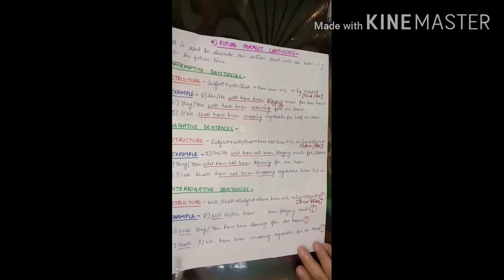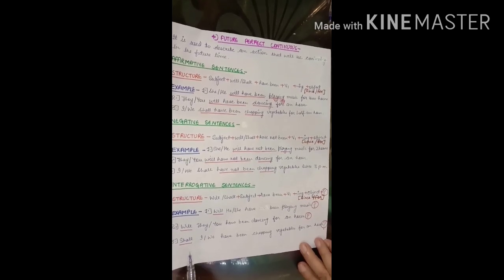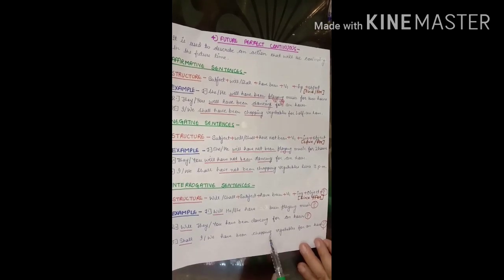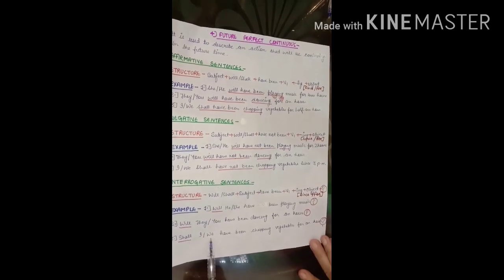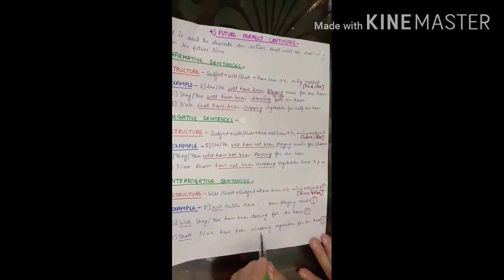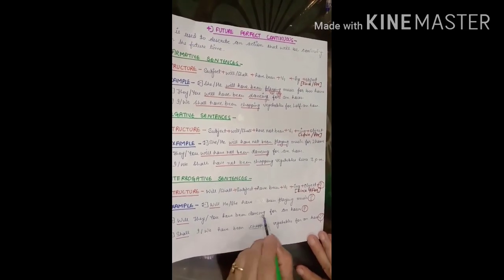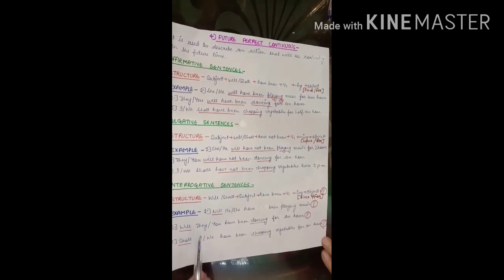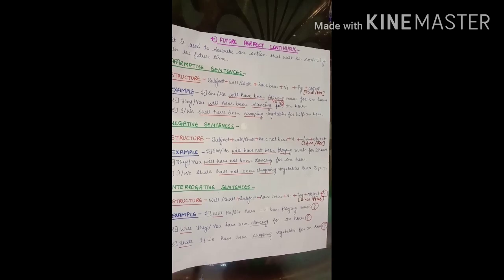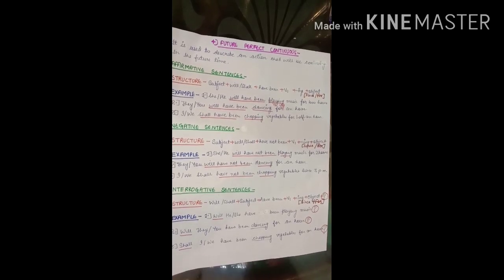Third example, using I and we. Shall I have been chopping vegetables for an hour? Shall we have been chopping vegetables for an hour? Chop and ing. We can see first form of verb with ing. This is how we make interrogative sentences in the future perfect continuous tense.